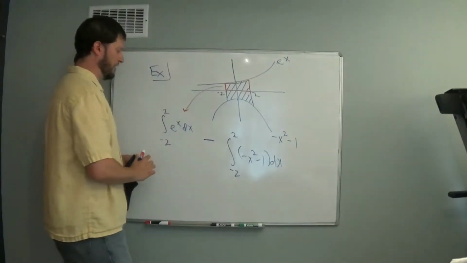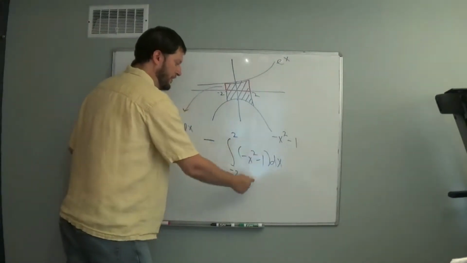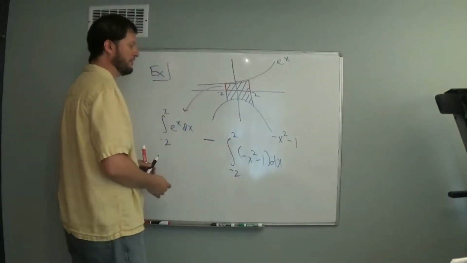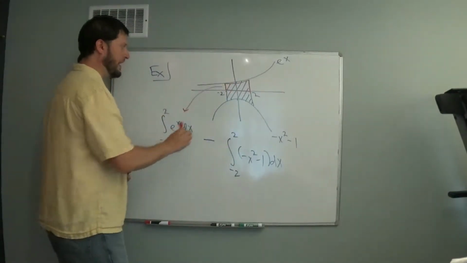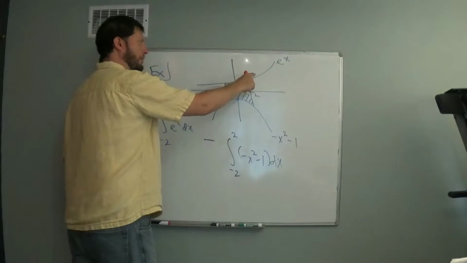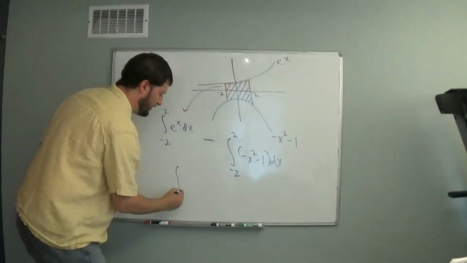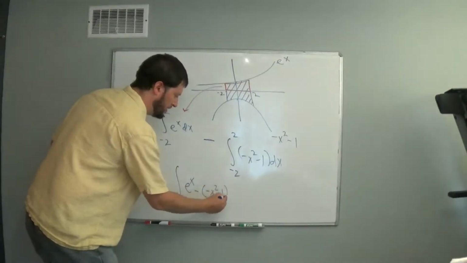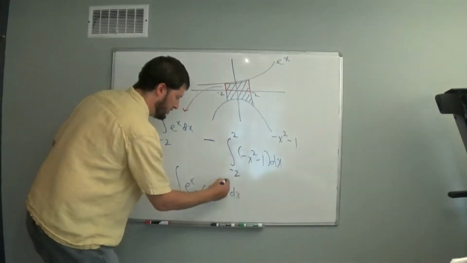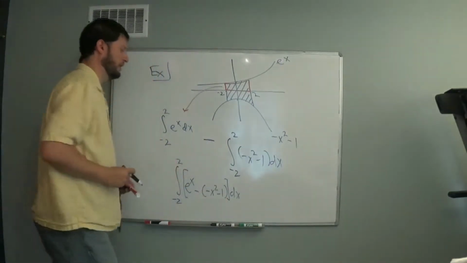Because if I took this minus this, this is already a negative, minus a negative makes the positive version, add the two up and that gets me the total area. So in the end, even though this is above the x-axis and this is below the x-axis, we still have the integral of e to the x minus negative x squared minus 1 from minus 2 to 2.